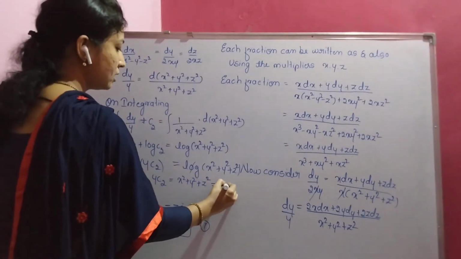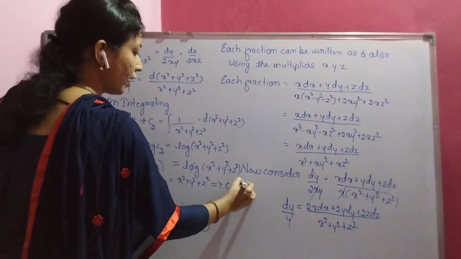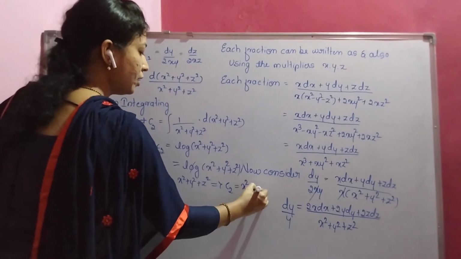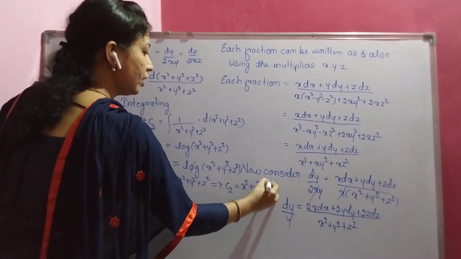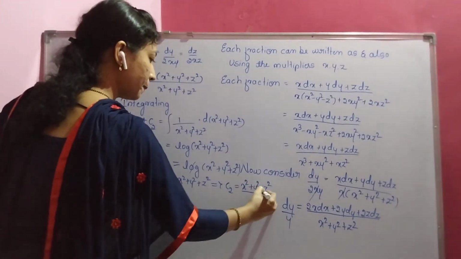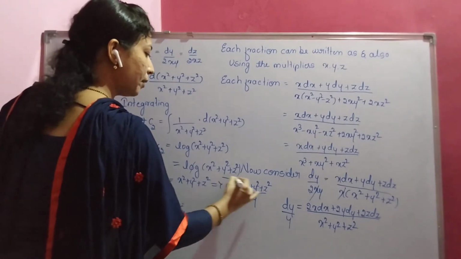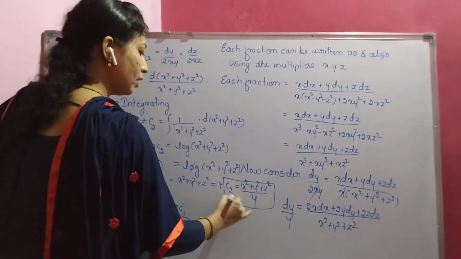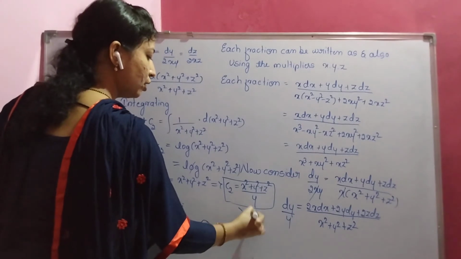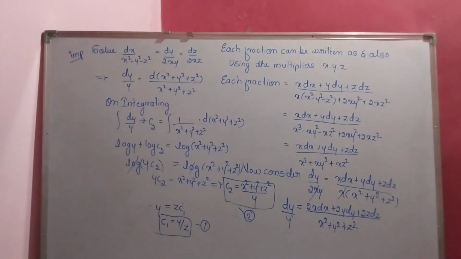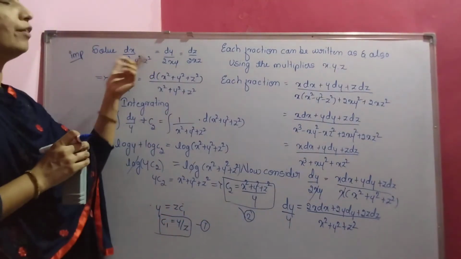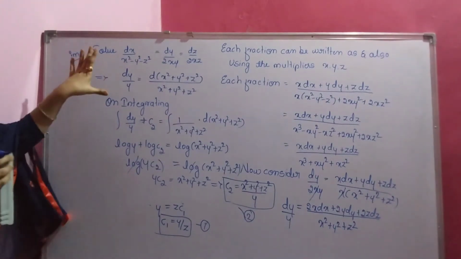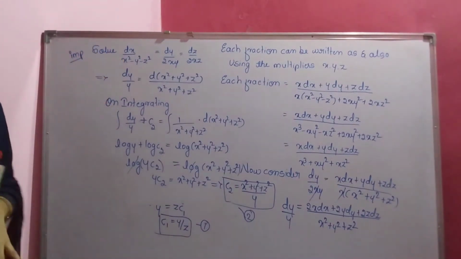This implies that c2 is equal to x square plus y square plus z square divided by y. Call this equation 2. Equation 1 and equation 2 give the solution of the given equation. This is an important problem for 5 marks.